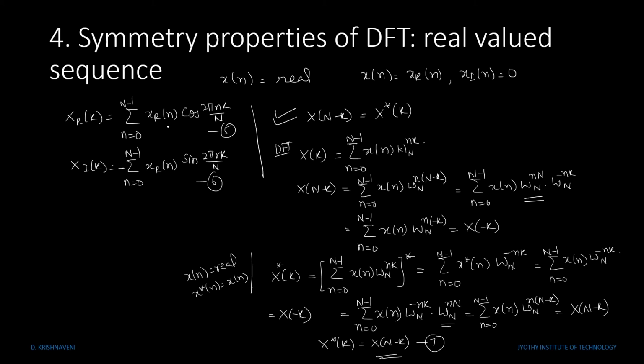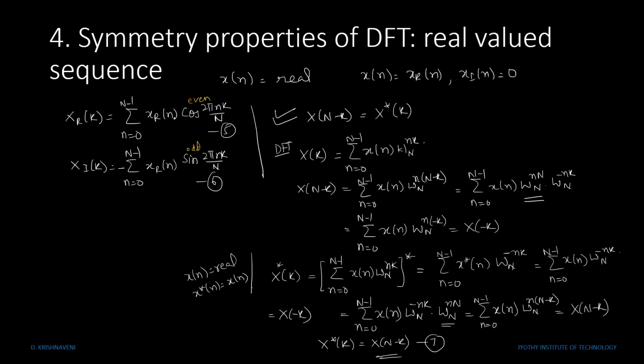So when it is even, we check these sum of products. Cos theta is even, cos theta is even, sin theta is odd. Now it is given that x of n is even, so even into even will give even sequence, even into odd will give odd sequence.